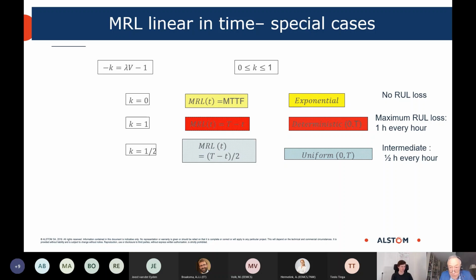For every hour that goes by, one loses 1 hour. Then in between, by the way, if you take k equals 1/2, then the mean residual life at time t is a half of the remaining time. So this is actually the uniform distribution. For every hour that goes by, the average loss of RUL is half an hour.